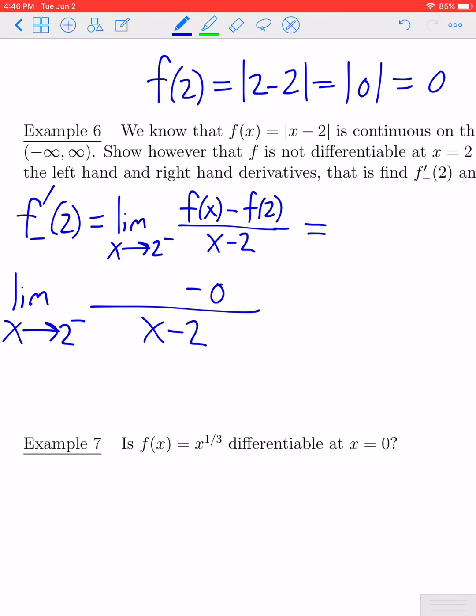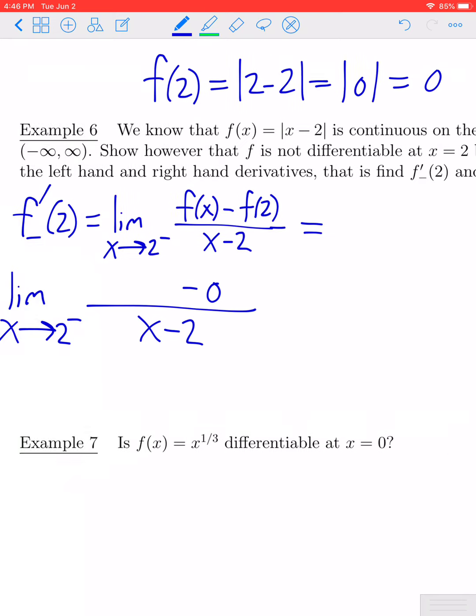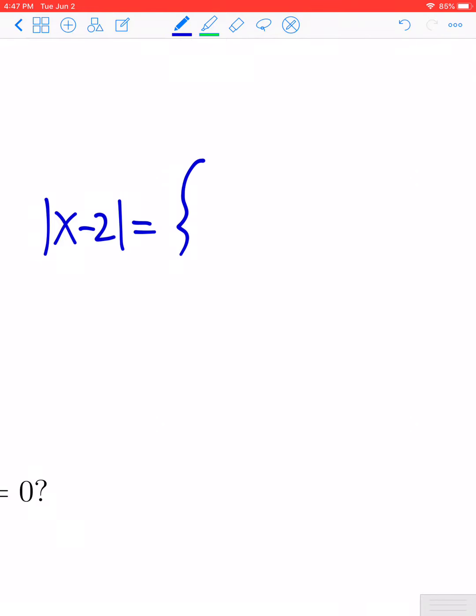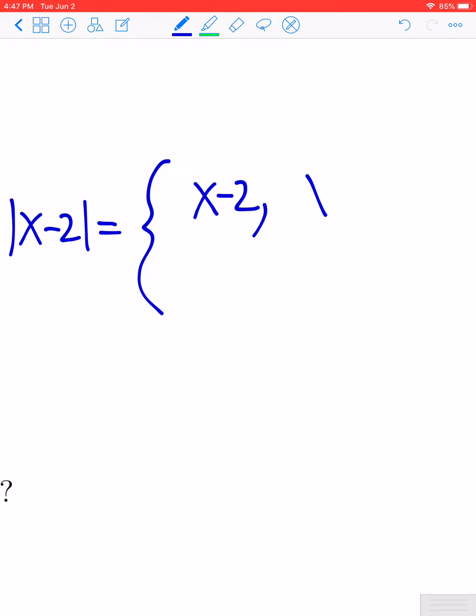And now we need to investigate f of x. We've seen this before, but we need to go back and think about the definition of the absolute value of x minus 2 as a piecewise defined function. Remember, the way that absolute value works is it's equal to the quantity on the inside when that quantity is positive.